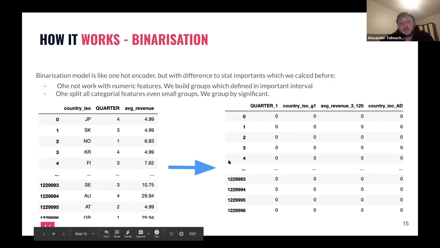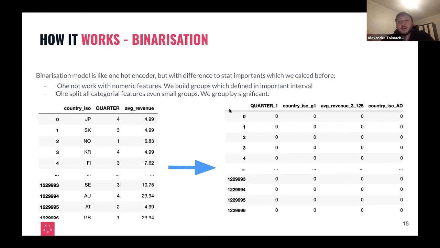Our model builds statistical weighted groups, and you can see that we have quarter one, a non-typical group, number one, a binarization group with borders from 3 to 125 average revenue as a statistically important group, and a typical categorical group from country.